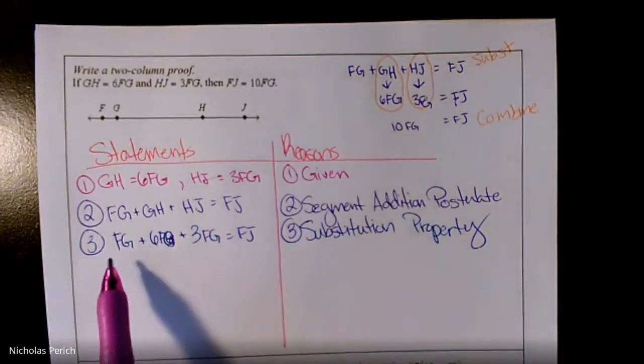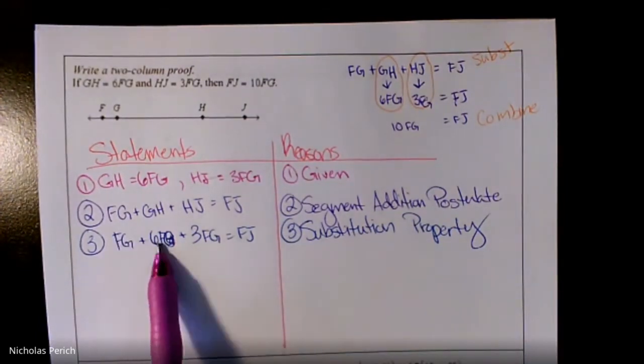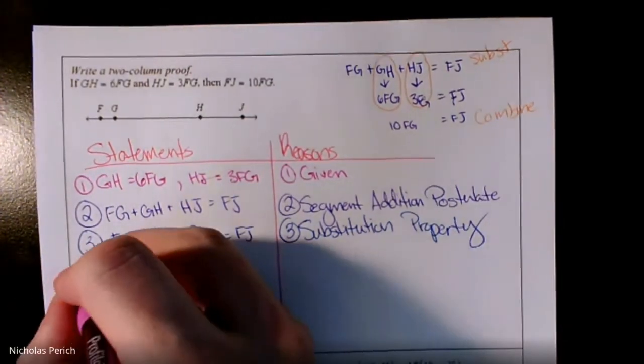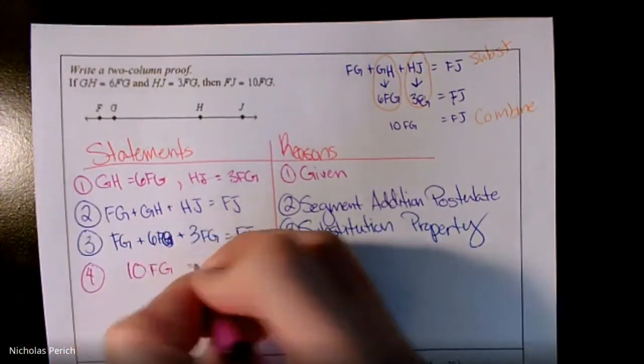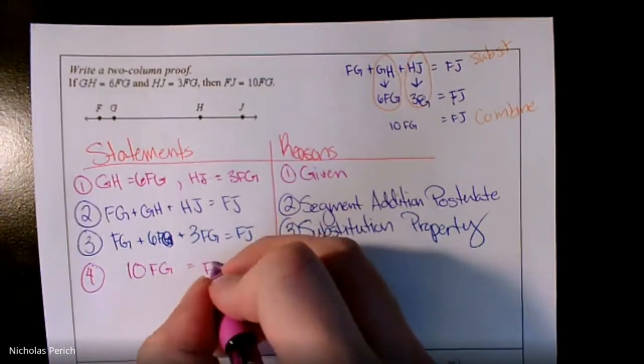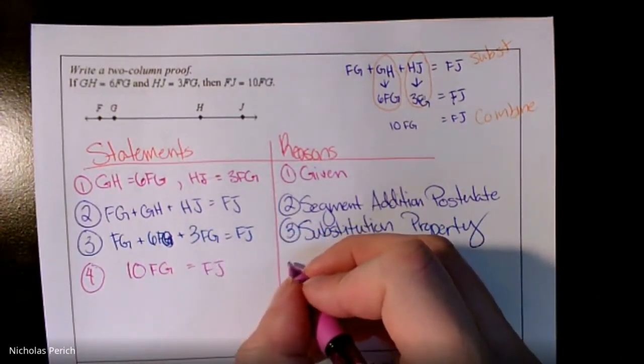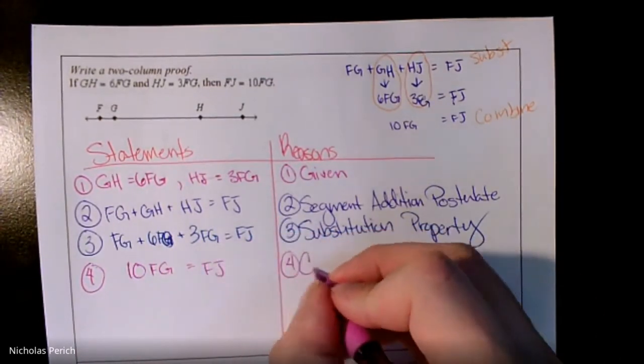By combining like terms, I can say that 1 FG plus 6 of them plus 3 of them is going to be 10 of them. Forgot how to add there for a second. 10 FG equals FJ, and that is combining like terms.